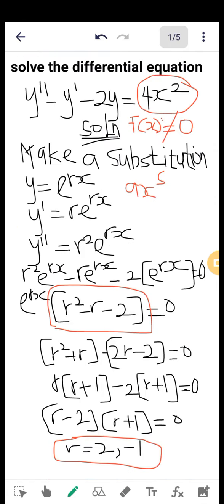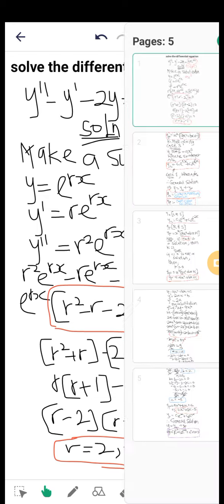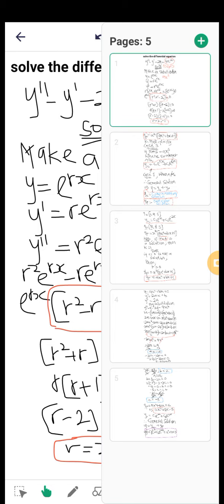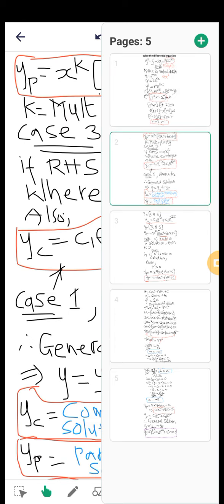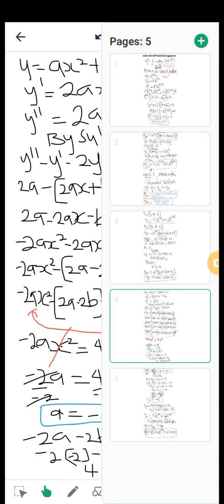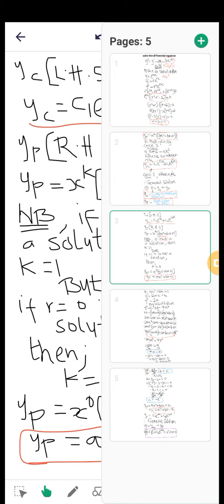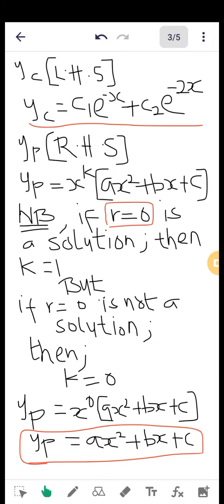Because it is minus 1 and 2, r is not equal to 0. The solution doesn't include 0, so my k is definitely 0.